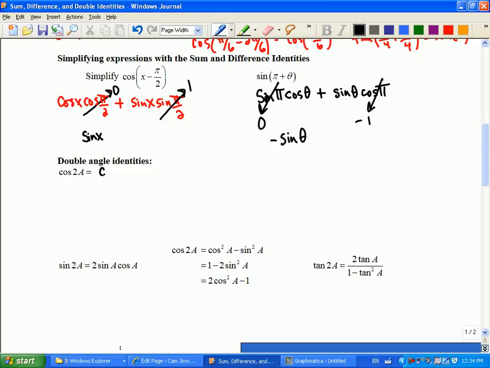So cosine of 2a, I'm going to call this cosine of a plus a instead. And then from here you're going to see how we build up the identity. Cosine of a plus a. So expanding it with the identity, I get cosine of a times the cosine of a minus the sine of a times the sine of a.